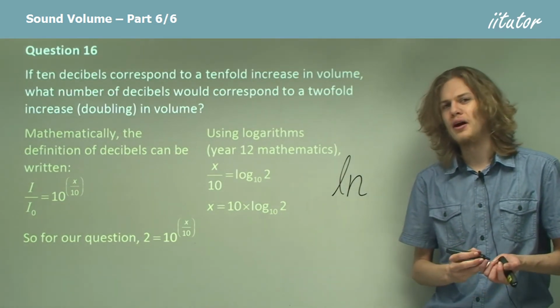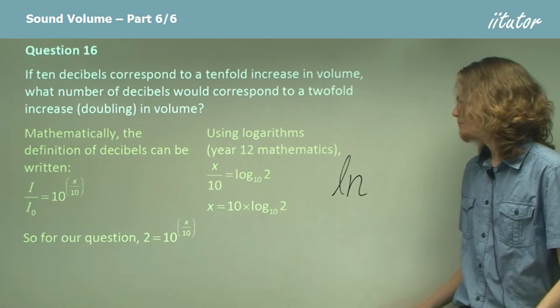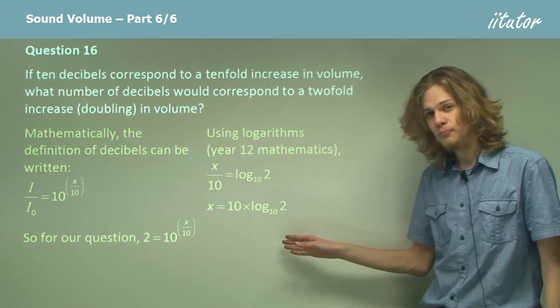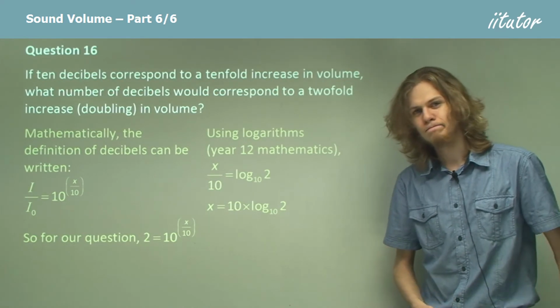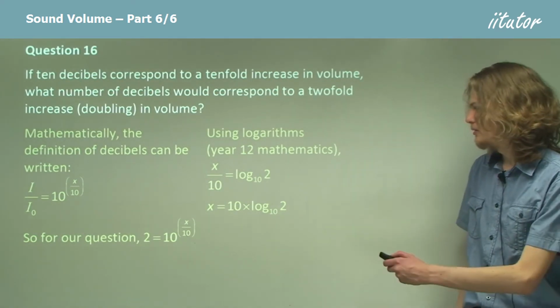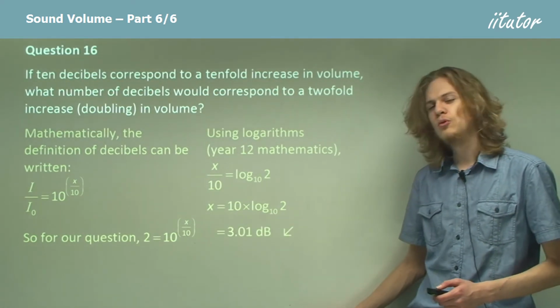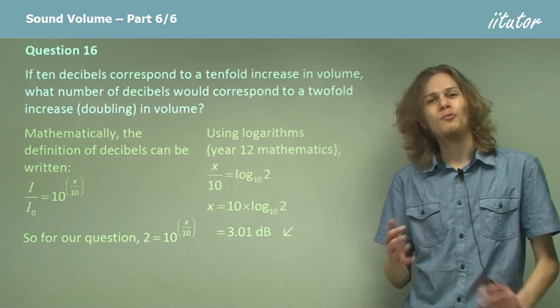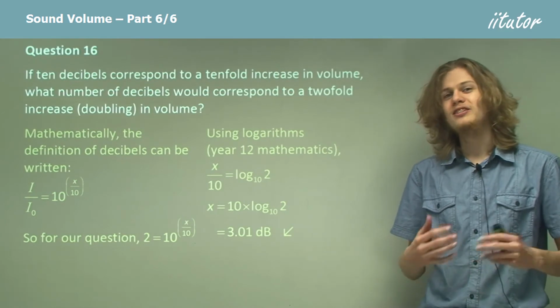You'll learn a bit more about it later. So if we take the log base 10 of 2 and we multiply it by 10, then we get a number of 3.01.